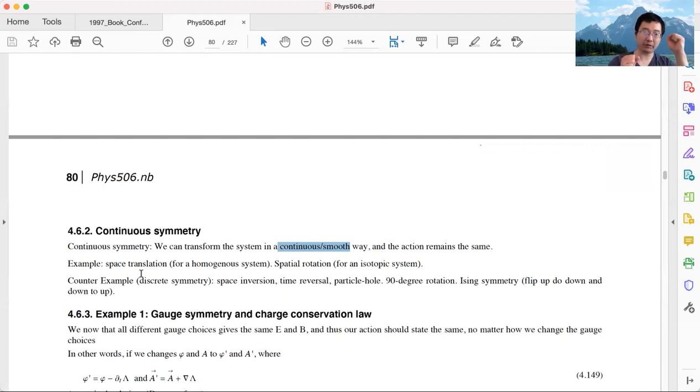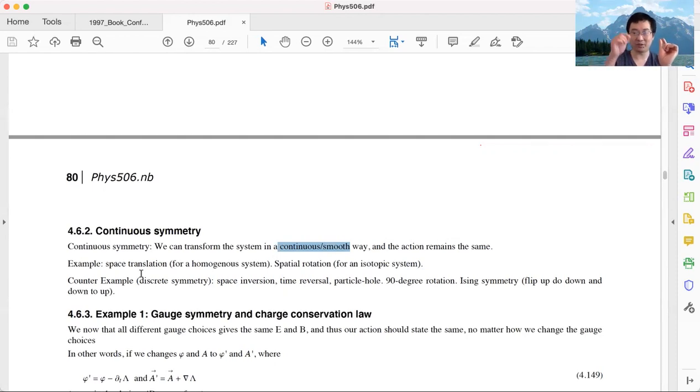For example, if we want to do a translation by, say, 1 meter, I can do this translation smoothly and gradually. I can first do 0.1 meter, then another 0.1 meter, and so on. I can use small transformations to build the big transformation, and the small transformation can be very, very small.